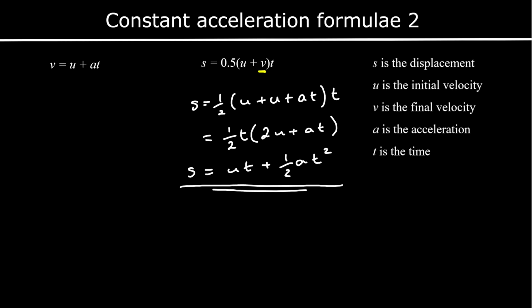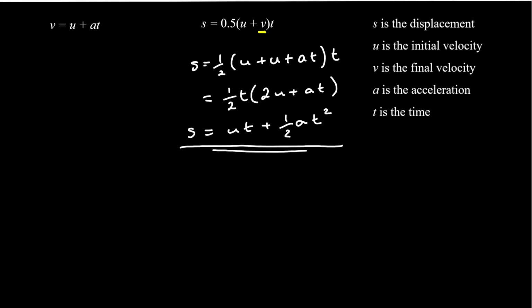And we can do the same if we eliminate another letter. So let's eliminate t from both of these. So I'm going to make t the subject of both of them. So v minus u equals at, so t is equal to (v minus u) over a.